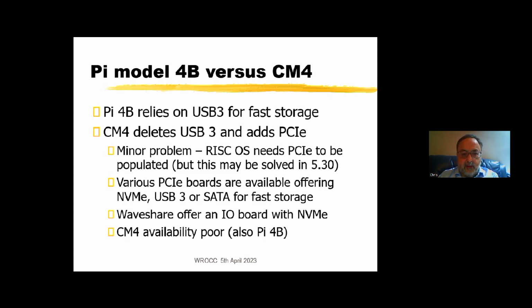If you move to the Compute Module 4, okay, you've got to have a daughter board for it to sit on that will actually allow you to bring out the signals that it produces. But it doesn't have USB 3, but it does have a PCI Express slot that would run at those sorts of speeds.